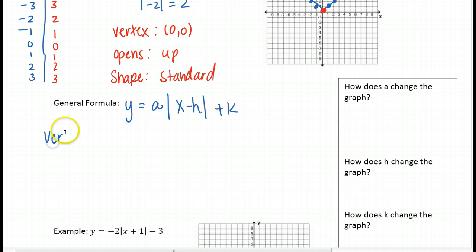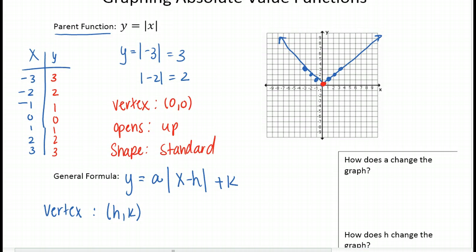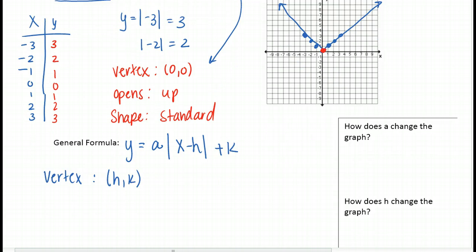And the few things that we need to know, our vertex is at h comma k. So hk, up here in our parent function, there was no h and there was no k. So this is kind of like x plus 0 plus 0. So that's why our vertex is at 0, 0.